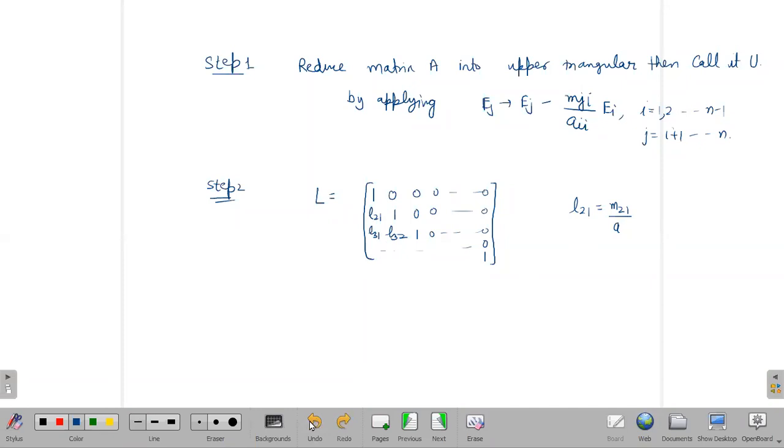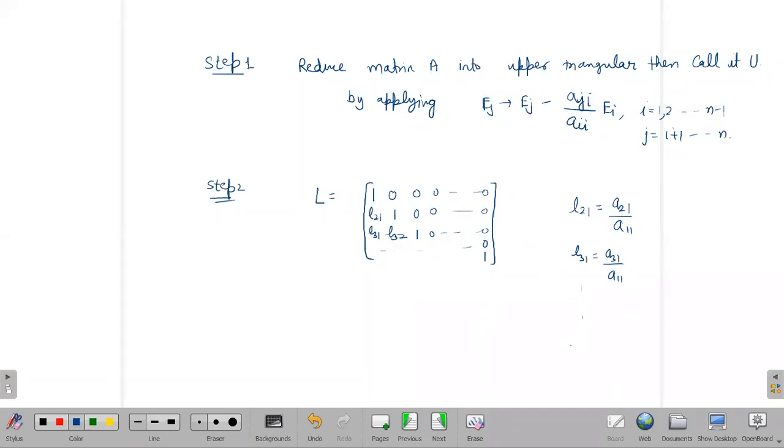So what is L21? L21 is nothing but M21 by A11. Sorry, actually there is an error. It should be A11. So here I write A21 by A11. This will be your L21. What is L31? A31 by A11, means this is that ratio that you have used in the operations to reduce the matrix into the upper triangular matrix.